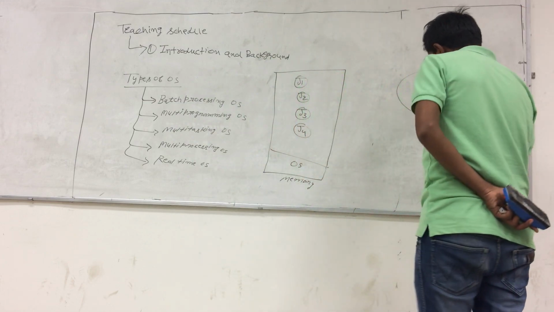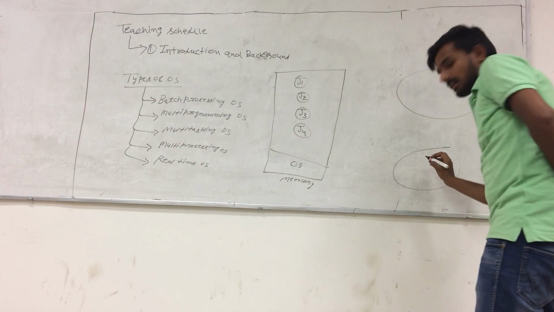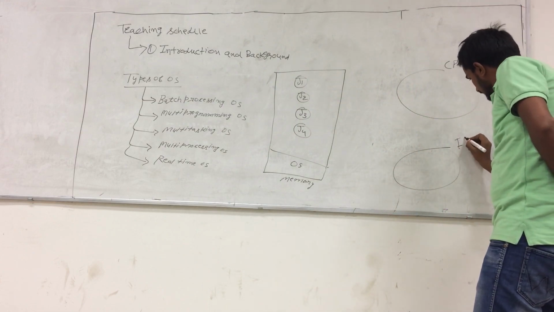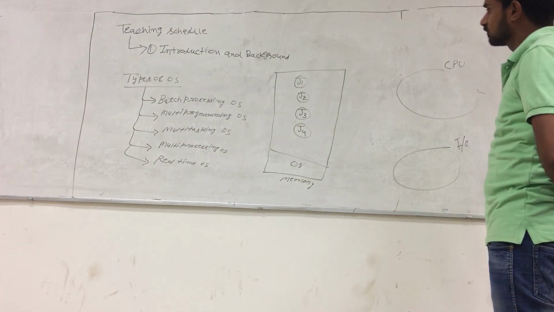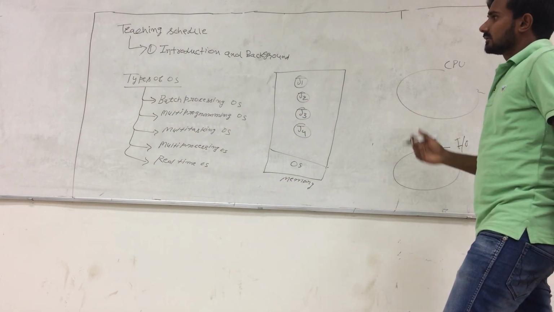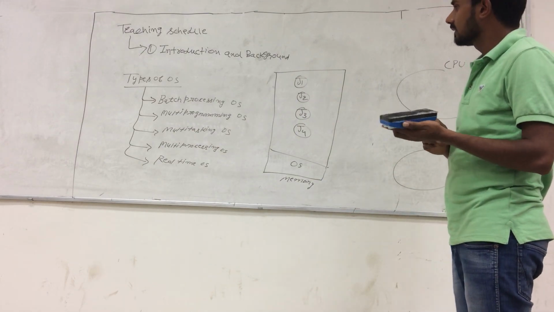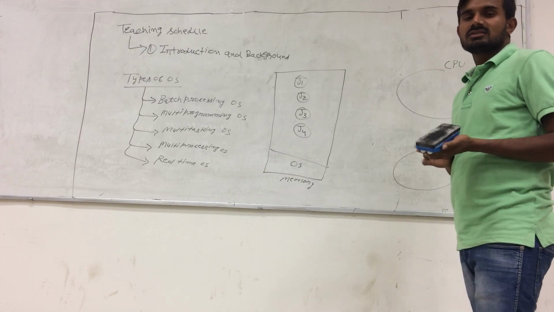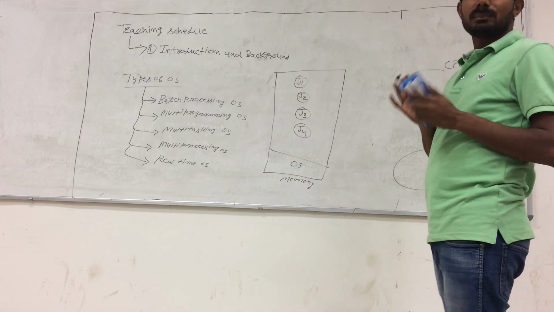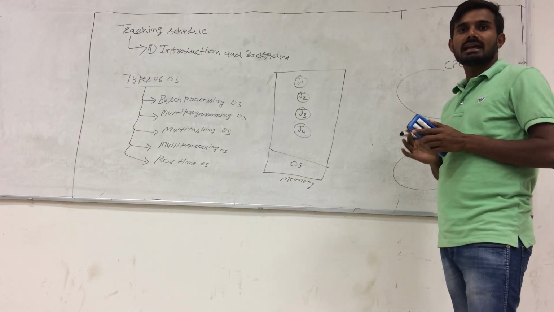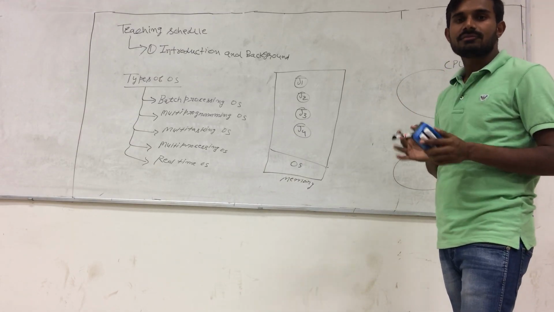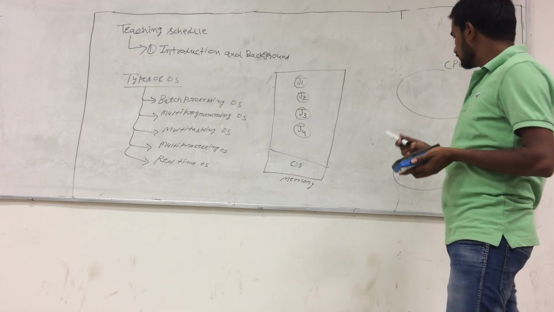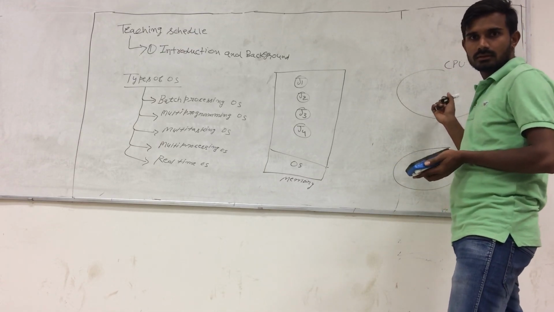Here is CPU and here are input-output devices. In the batch operating system, when a job is completed completely, then only another job which is ready for execution will be scheduled to the CPU.